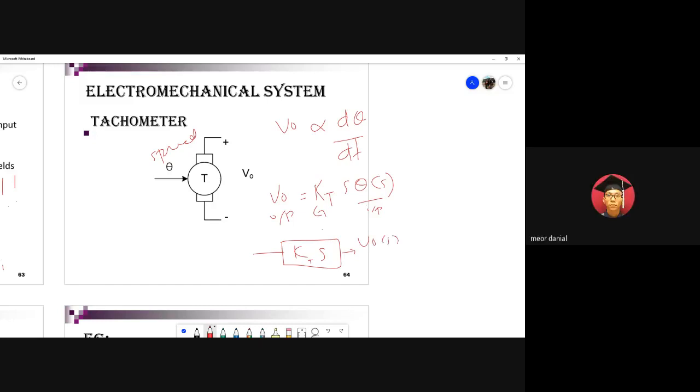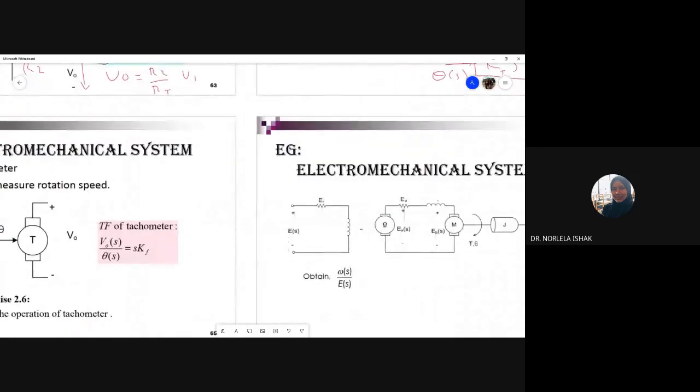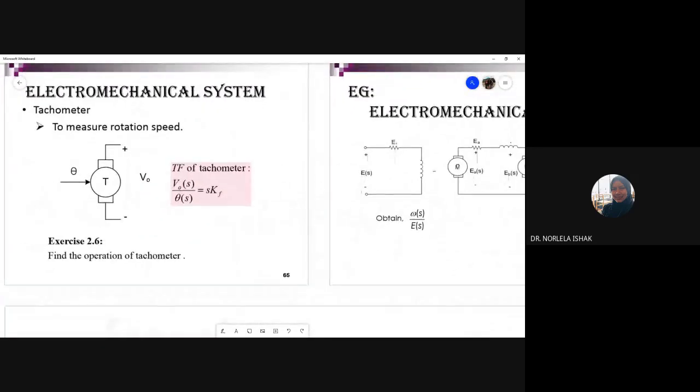For the tachometer, output over input equals s Kt. Sometimes you can put any label for the constant coefficient, so you have to refer to the question.